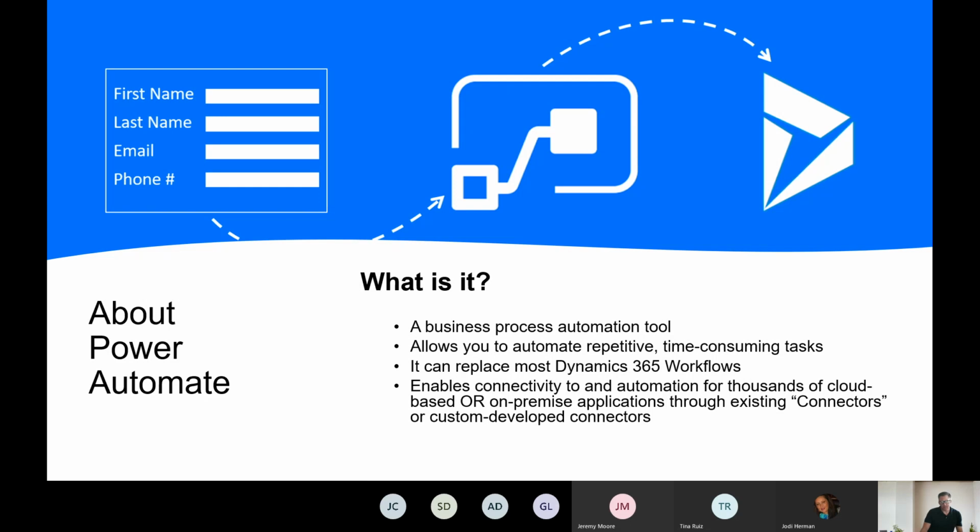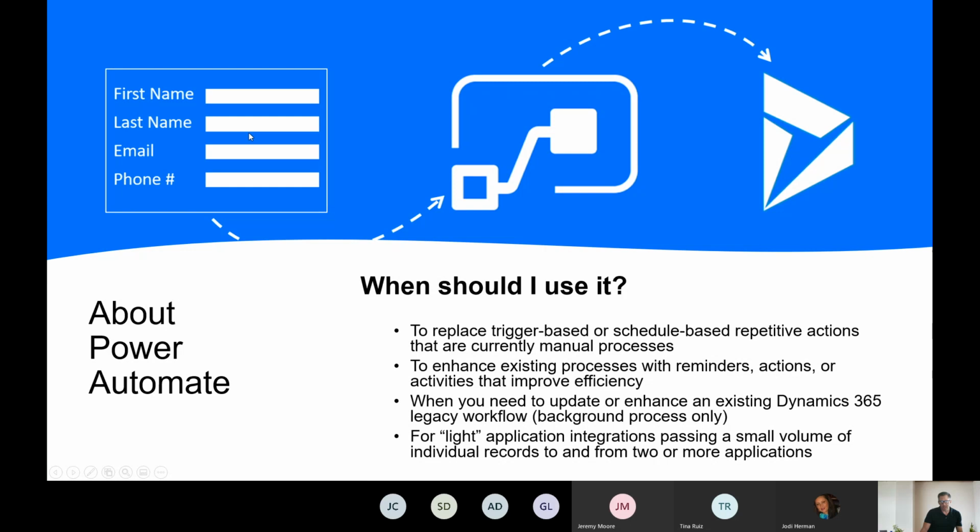One thing I forgot to put in here was the subscription portion of this. Power Automate can be subscribed to as a standalone product if you want. But if you already have a D365 license, either customer engagement or any of the different D365 licenses, it automatically comes with, I think, 100,000 flows a month or in that realm.